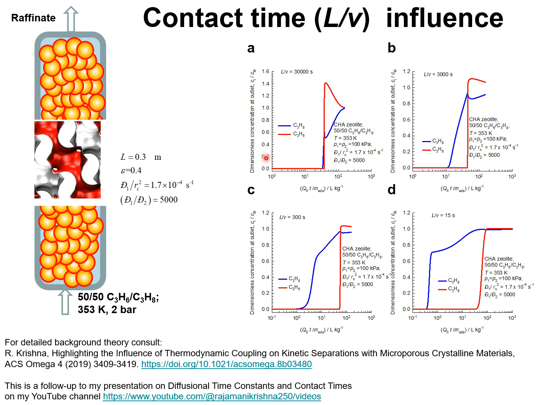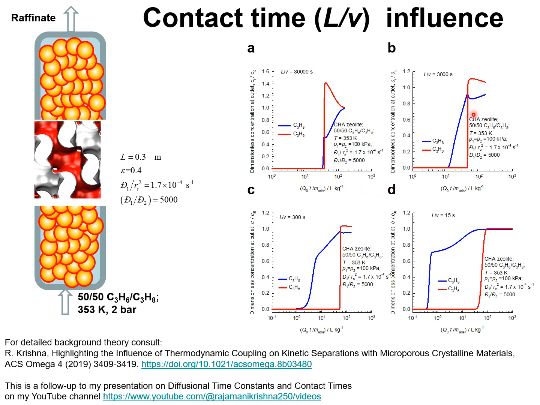We note that if the contact time is very large, then the separations are dictated by mixture adsorption equilibrium, and diffusional influences are of negligible importance. And we see that both the components propene and propane break through at approximately the same time.